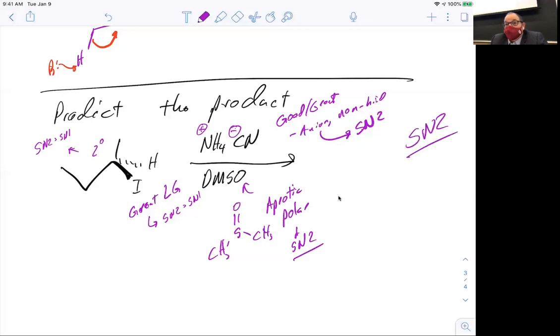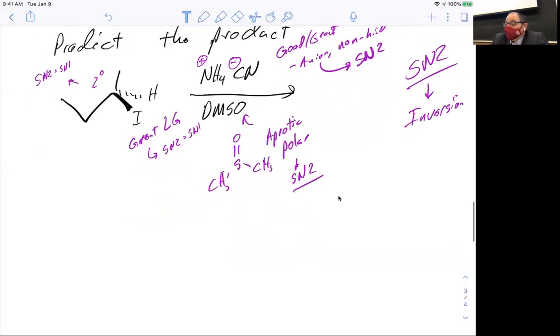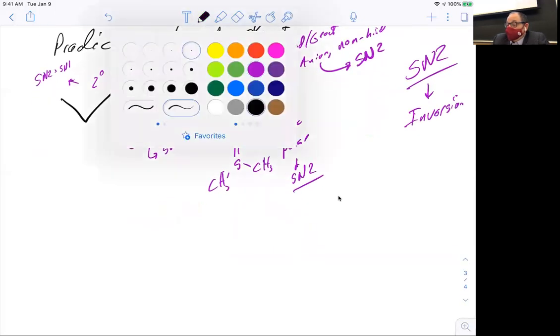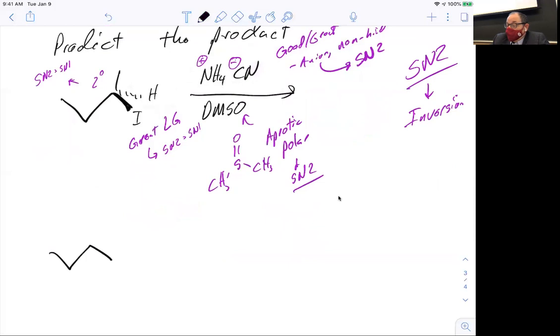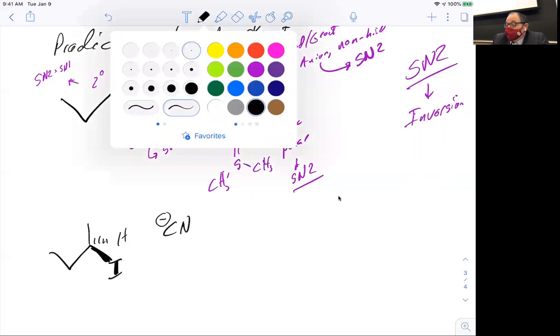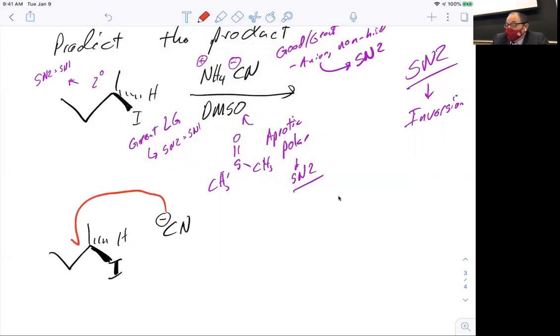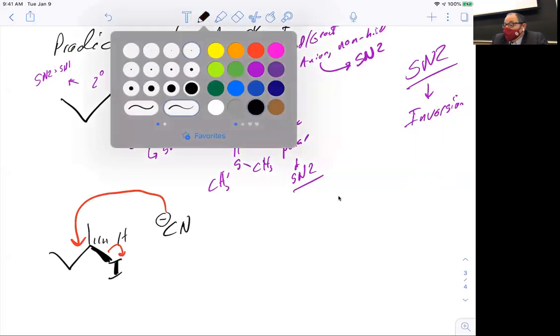And since this has got a stereo center, I'm going to be looking for inversion. So it's always good to draw the mechanism. The more you get the mechanisms in your head, the more you'll understand how things are happening versus just guessing how they're happening. So we get backside attack. Kick off, it's kind of ugly.